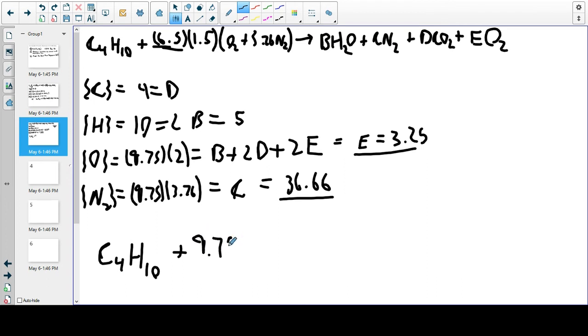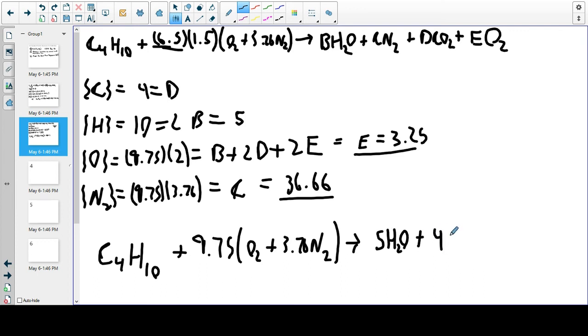Yeah. 9.75 times O2 plus 3.76 N2, goes over, and we have B, which stayed the same, which is 5 H2O plus C, which is 4, or wait a minute, oh, that's right, I did the nitrogen first, which means we have 36.66 N2 plus D being 4 CO2 plus E, the number of oxygen left over, as 3.25 O2.